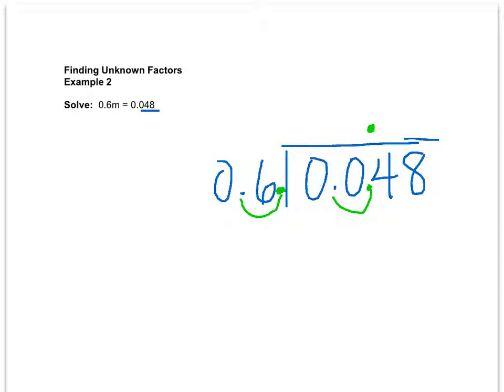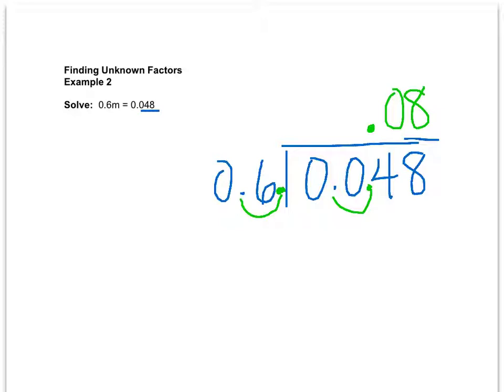We want the divisor to be a whole number, but the dividend can still have decimal places. So now we have a simple division problem, 48 divided by 6, and we know the answer is 8. But what about this space here, right in here? The answer is not 8 tenths, it's 8 hundredths. Therefore, we need to use our 0 placeholder.